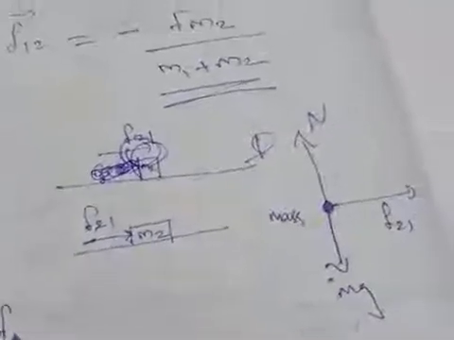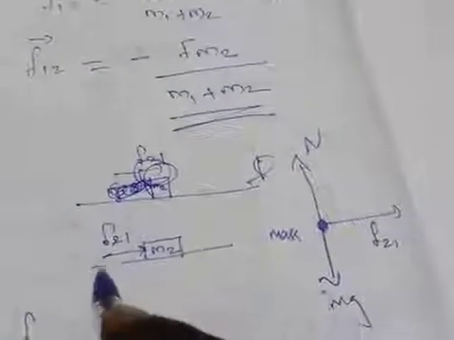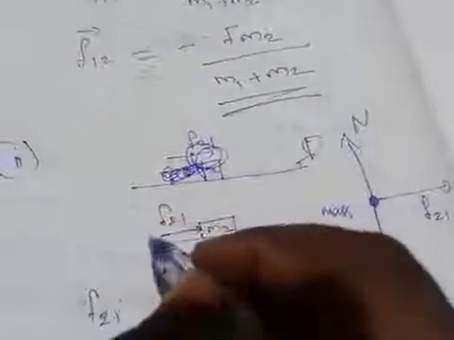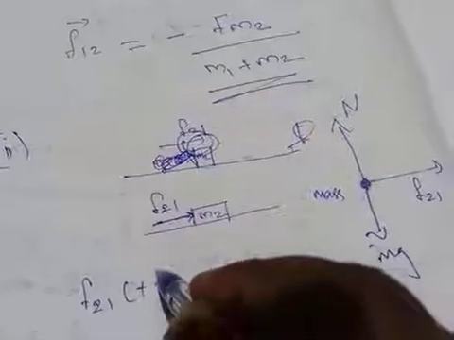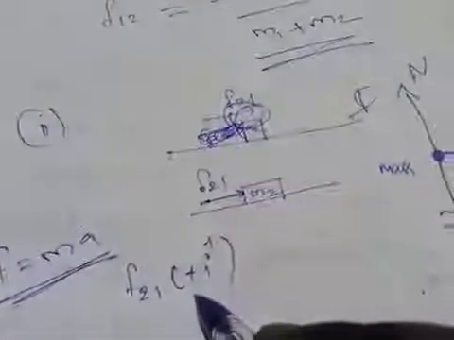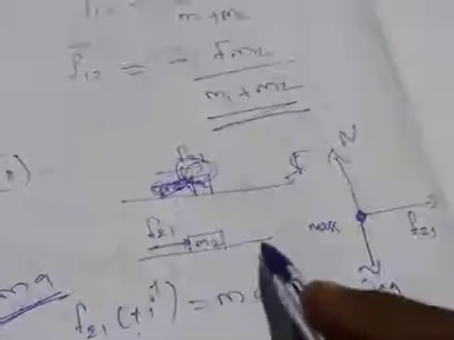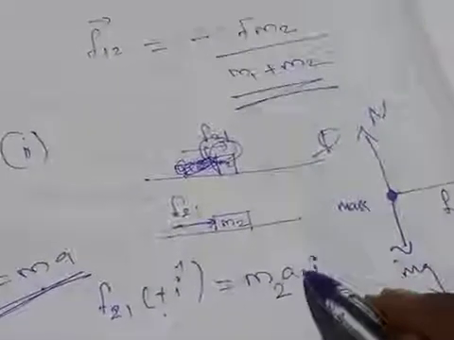The same Newton's law we can apply. F21 is in the direction of the positive x-axis, so we use plus i unit vector. The same, F is equal to ma, Newton's second law, and the acceleration for mass 2 is also along the positive x-axis, so i unit vector.